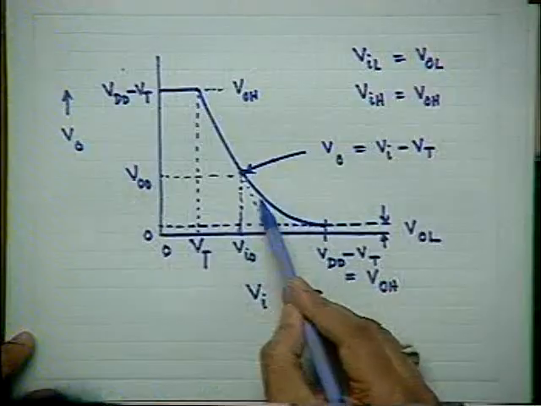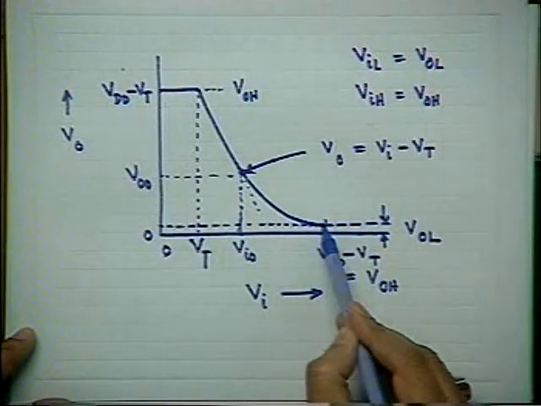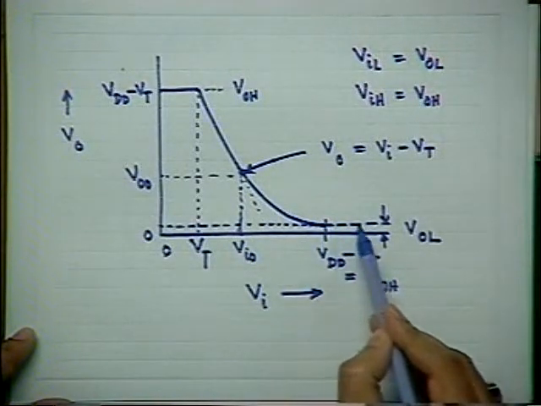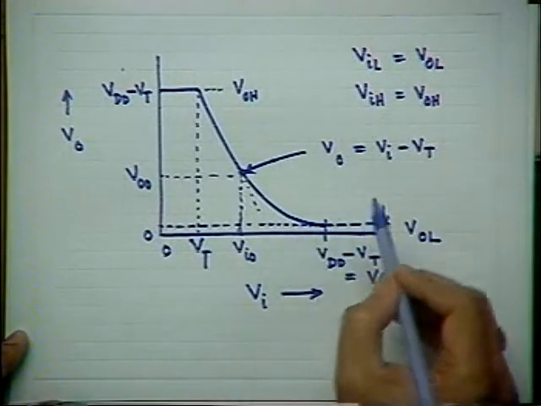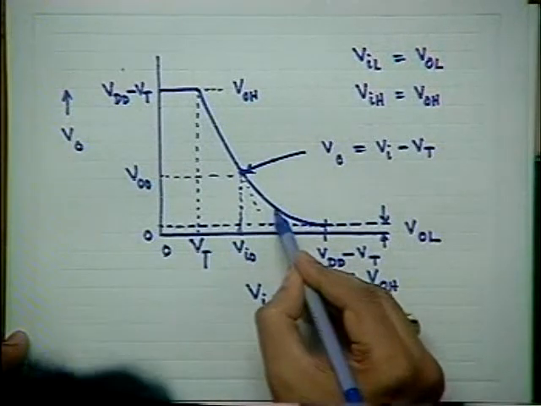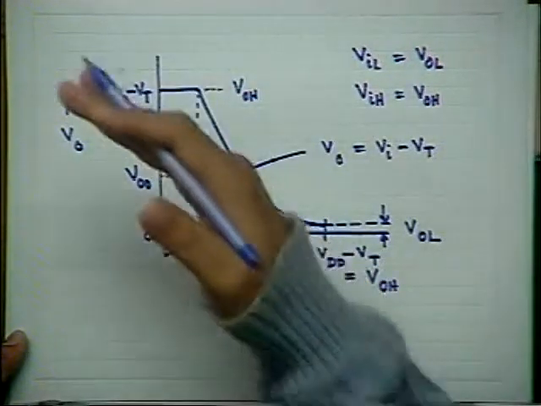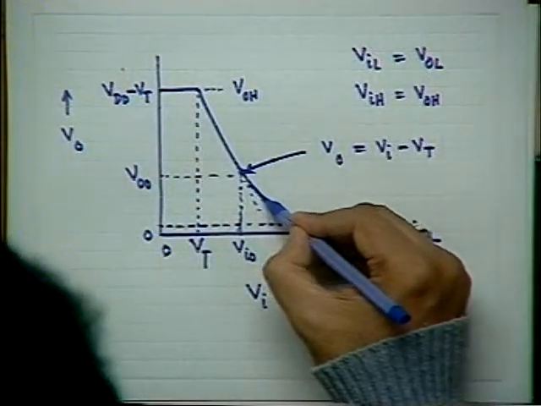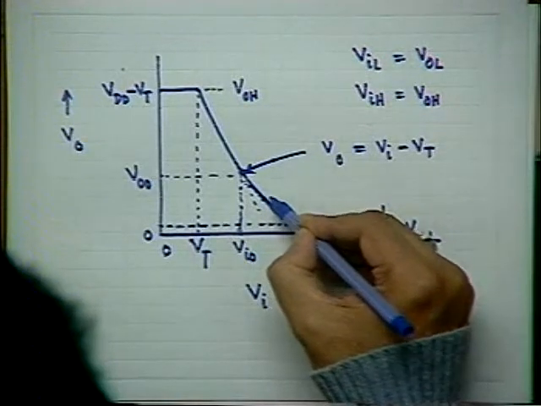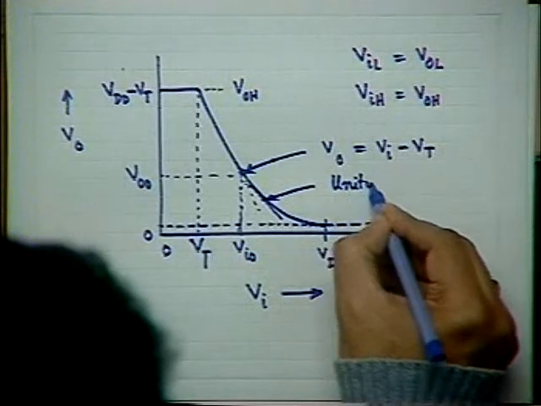And you see that the slope is gradually decreasing with increasing U. And ultimately it must be 0. Somewhere here I will get a point where the slope is unity, the unity gain, unity slope.